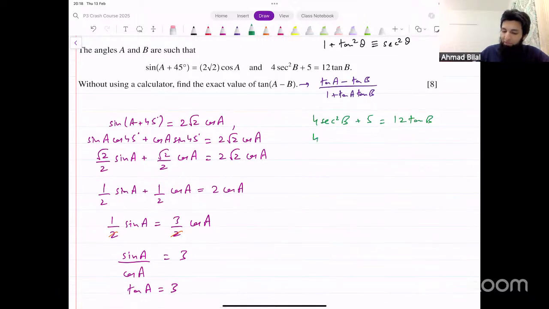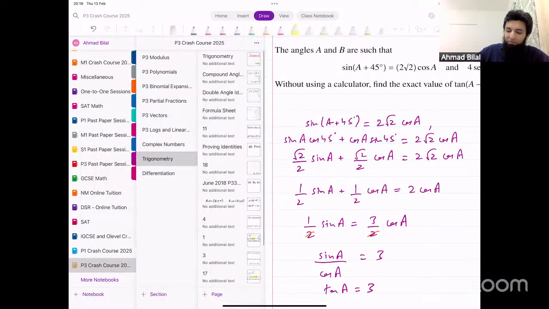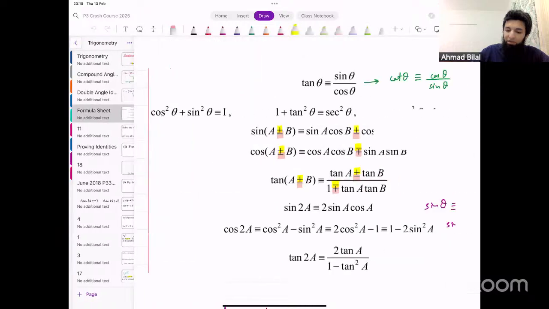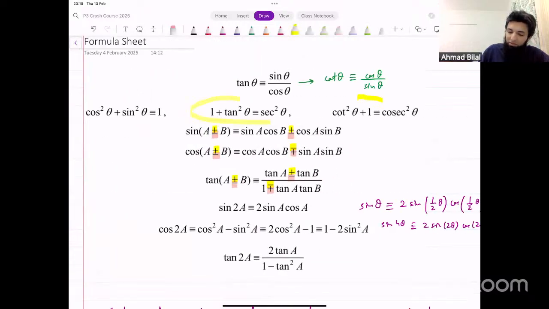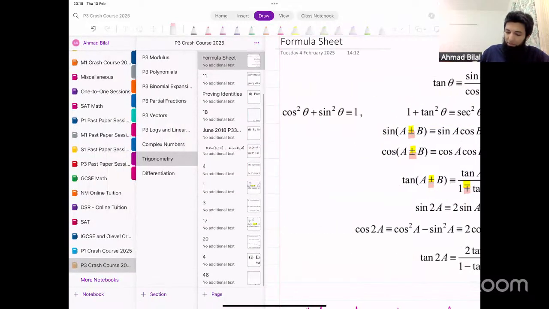So this becomes 4 times (1 plus tan squared B) plus 5. So we can replace this with 1 plus tan squared. It's there in the formula sheet. That was one of the first few identities that we did in paper 3. This one, 1 plus tan squared theta is secant squared theta. Okay, now let's simplify this further.